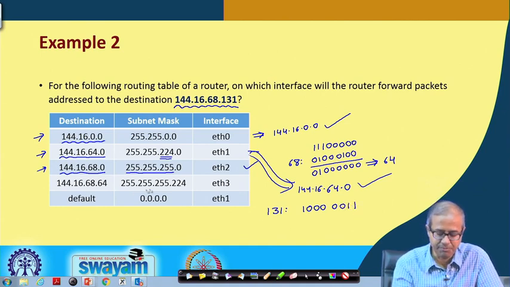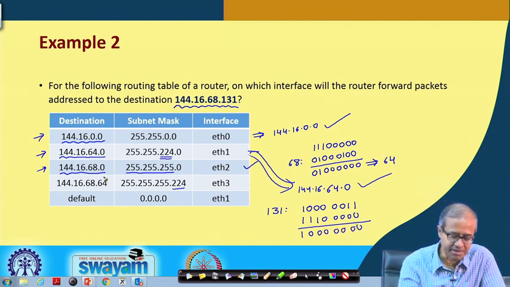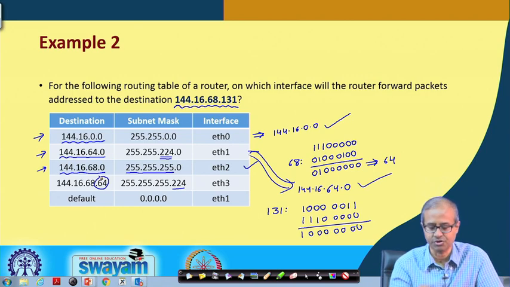So, if you do a bit by bit ANDing with 224, 224 is 111 followed by all zeros. So, only the first one will be 1, rest all will become zeros. This is 128, but here it is 64. So, it is not matching, right.